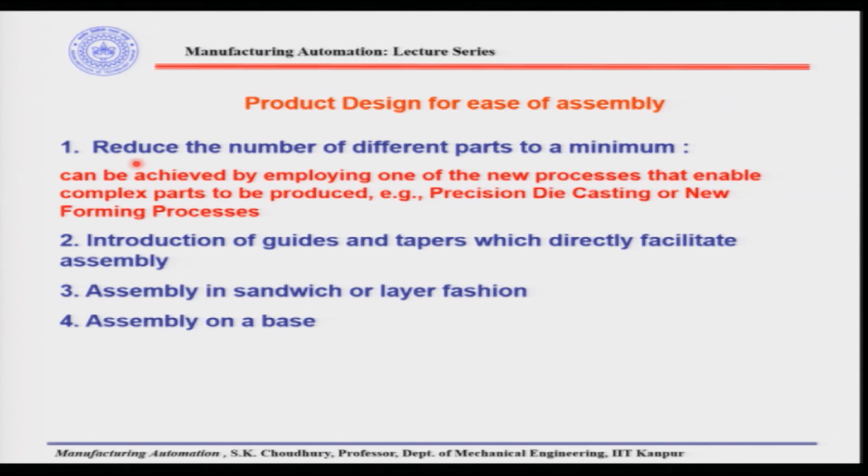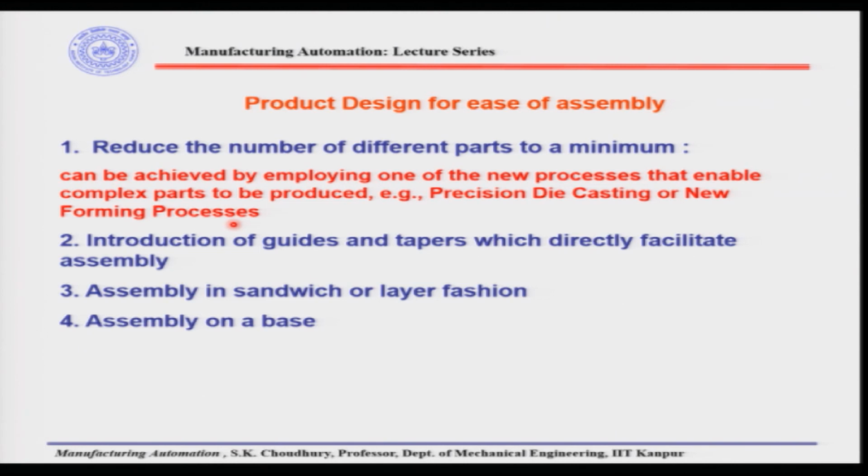First point is to reduce the number of different parts to a minimum. This, which I discussed just in the previous session, can be achieved by employing one of the new processes that enable complex parts to be produced, for example, precision die casting or new forming processes. Let me explain it to you.